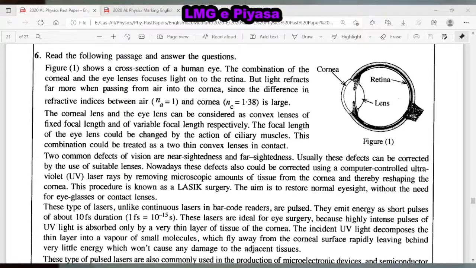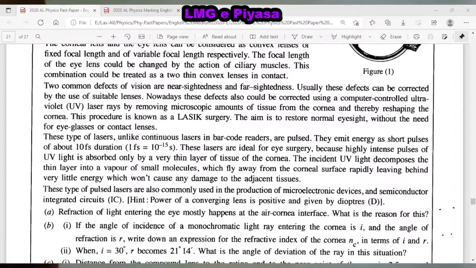Light refracts far more when passing from air into the cornea, right? So the answer we have to give is, because when compared to air refractive index, the refractive index of cornea is 1.38.